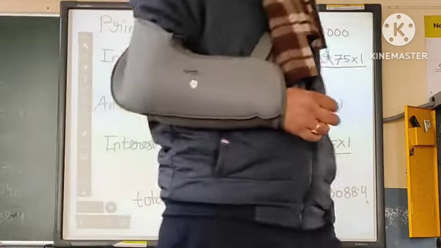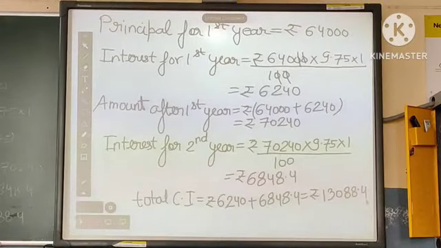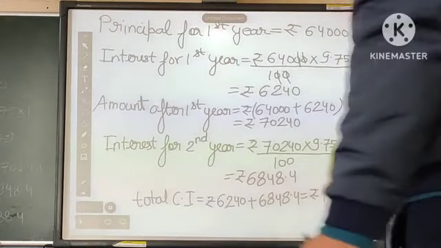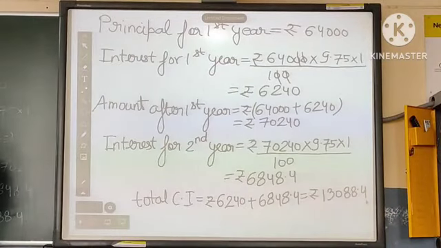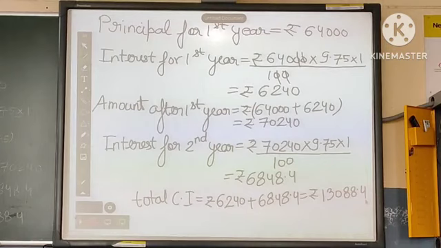Okay, so for 2 years this was the compound interest. And now what was the simple interest as calculated? Simple interest was 12,800. Now the question is asking which one will bring more interest?